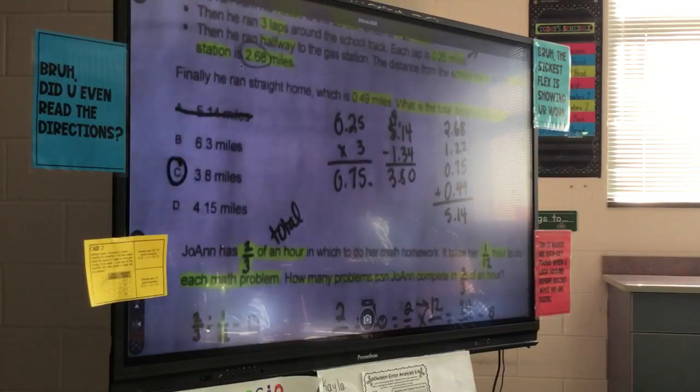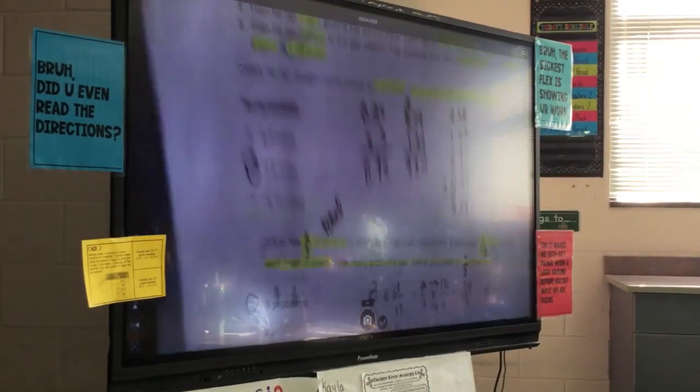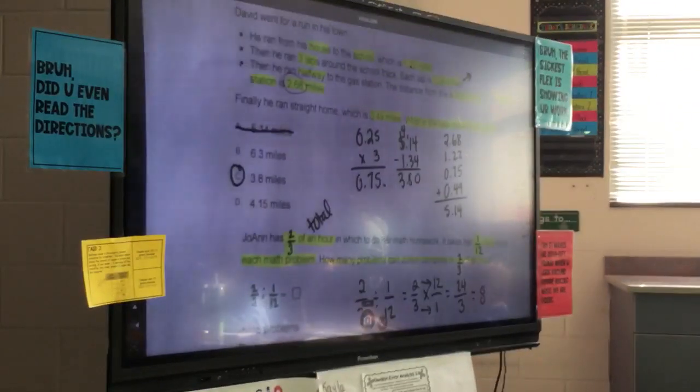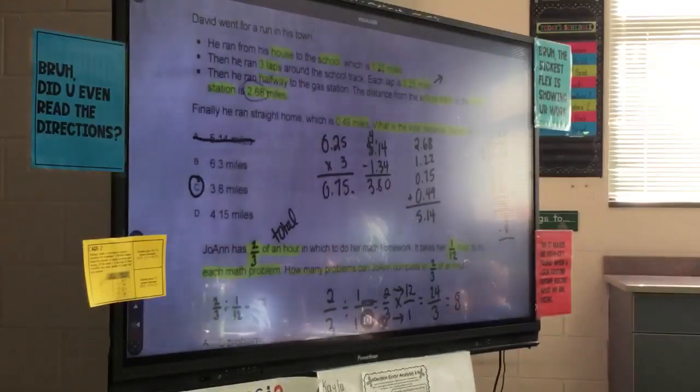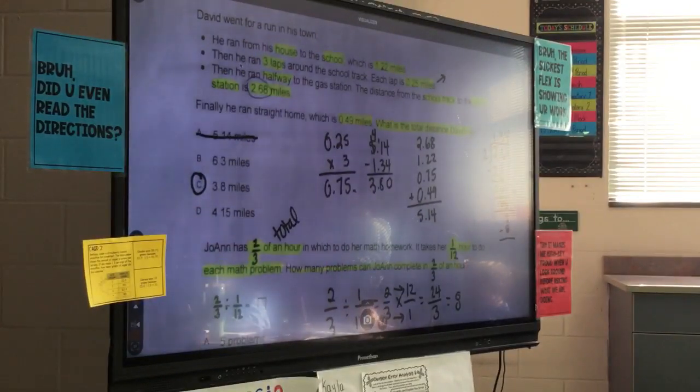How many of you guys got this one right? If you did not get this right, please copy the right information down right now. Stand up when you have your information copied down.